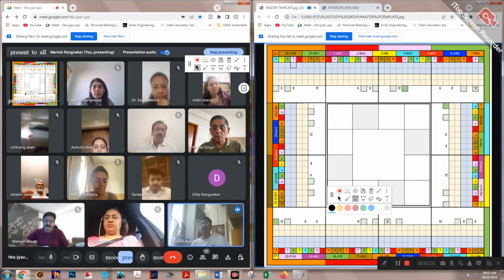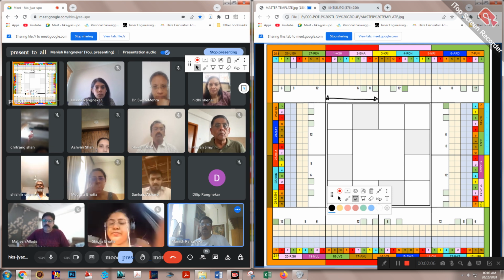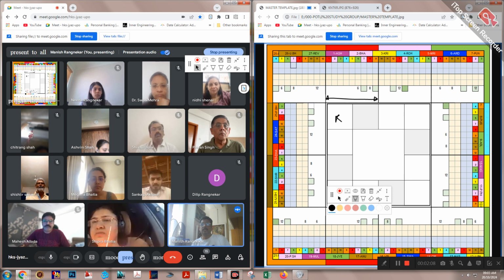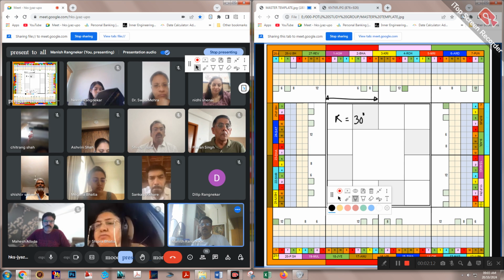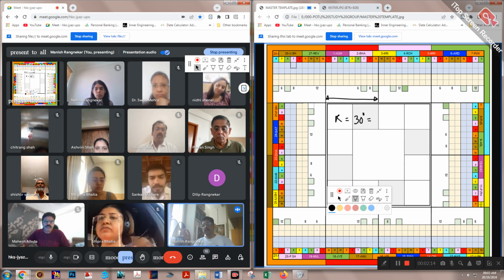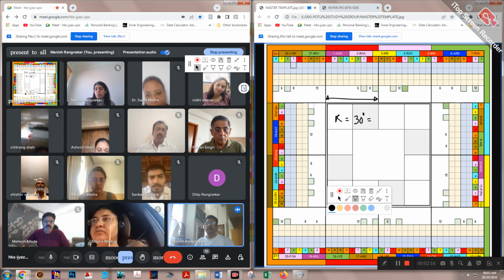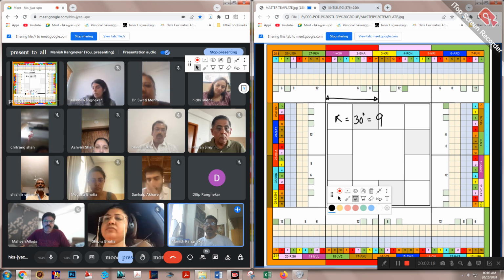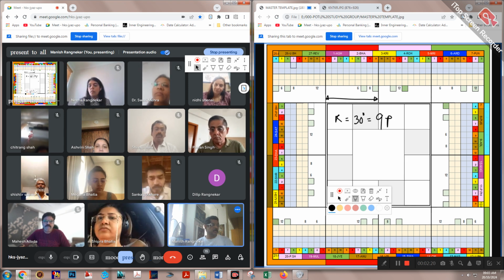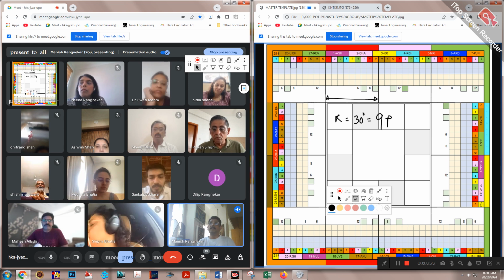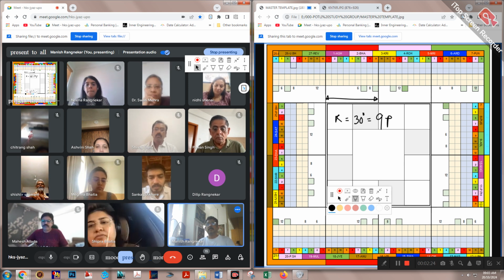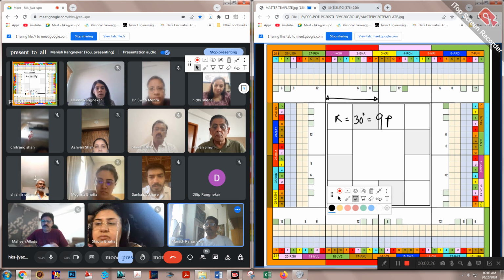If you remember, if we look at one Rashi, which is this line, I told you that one Rashi is equal to 30 degrees. I am going in a slightly unconventional manner, but it will be easier for you to understand, and it has 9 padas in it. So each Rashi of 30 degrees has 9 padas.